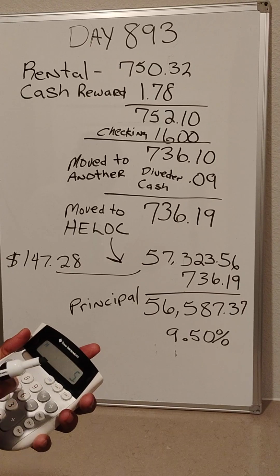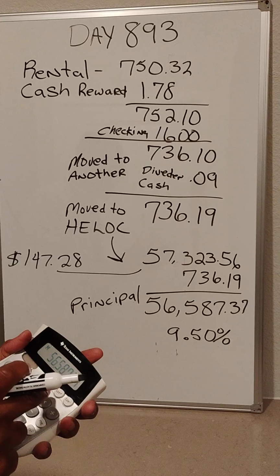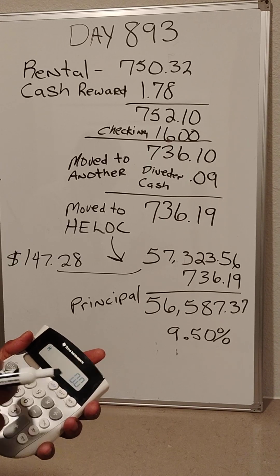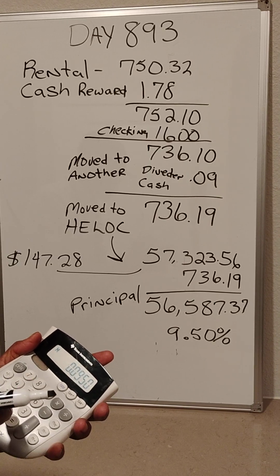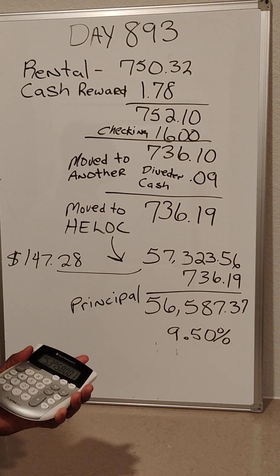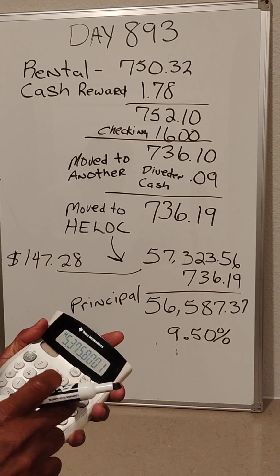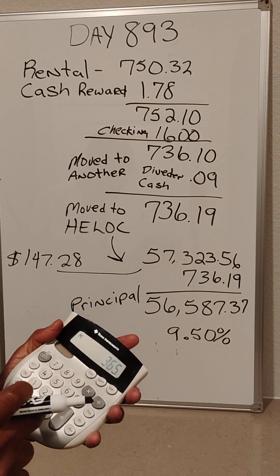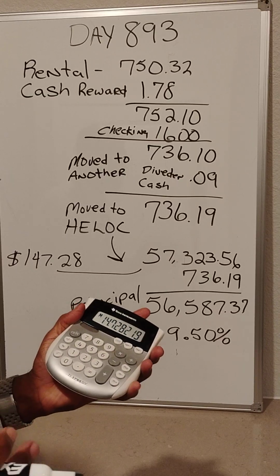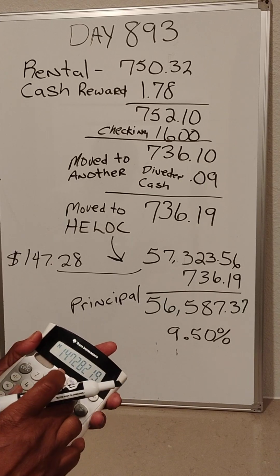Now that I've dropped it down to $56,587, let's see how much it is costing me per day now. $56,587.37 times decimal 0.0950 divided by 365 days. It sometimes can be 366 according to the year if it's a leap year. Now that's costing me $14.73 a day.